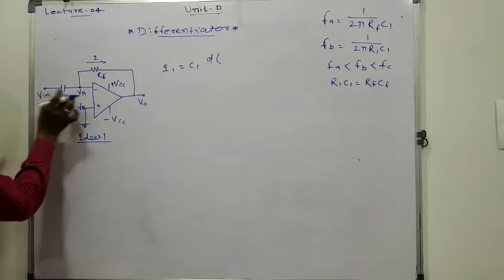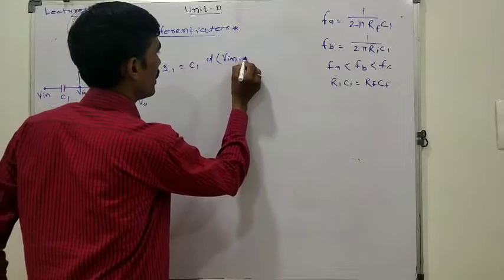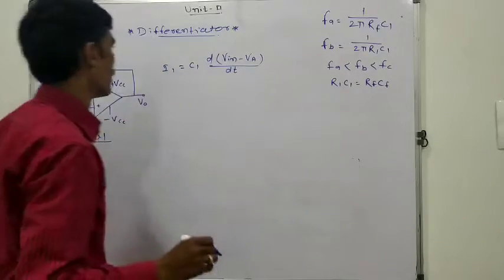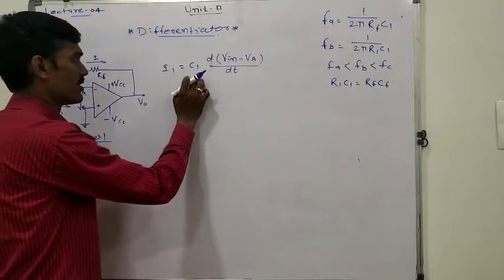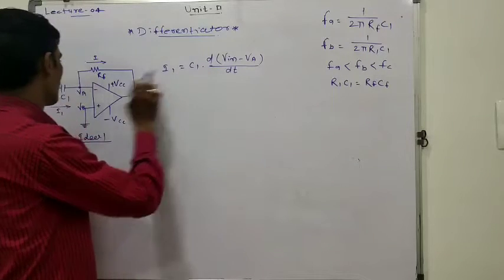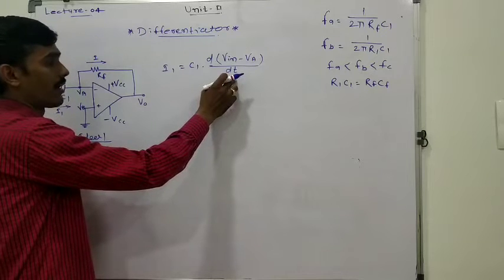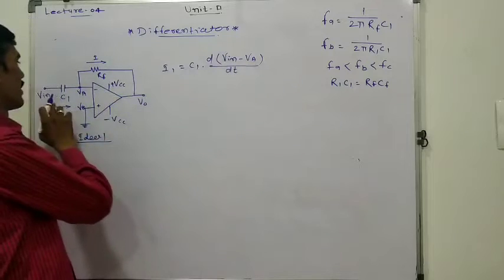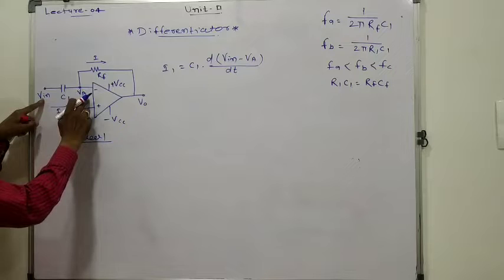This is Vin and this is Va, so we can write d(Vin minus Va) divided by dt. This is the generalized formula for the current flowing through the capacitor: C1 into the differentiation of the voltage across that capacitor. The voltage across the capacitor is the voltage available at this point and the voltage available at this point, so Vin minus Va.